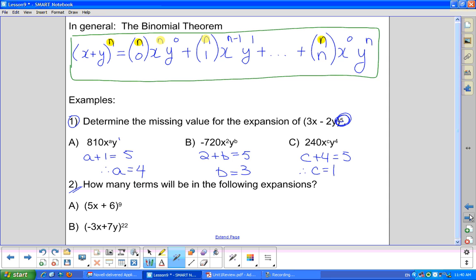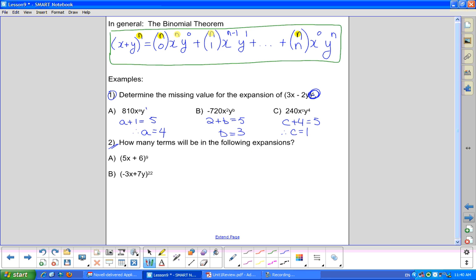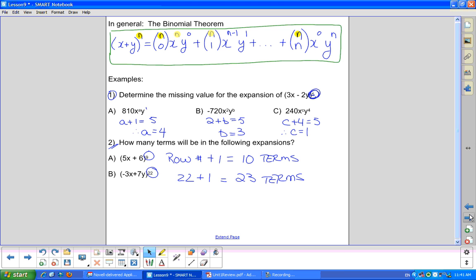So when we go back to this question, we're interested in row 9, so it's row number plus 1. So therefore, there's going to be 10 terms in this expansion. In this case, there's 22. So 22 plus 1, you're going to end up with 23 terms if you were to expand this out in full. So it's just your row number, or the exponent, plus 1, and that tells you how many terms.